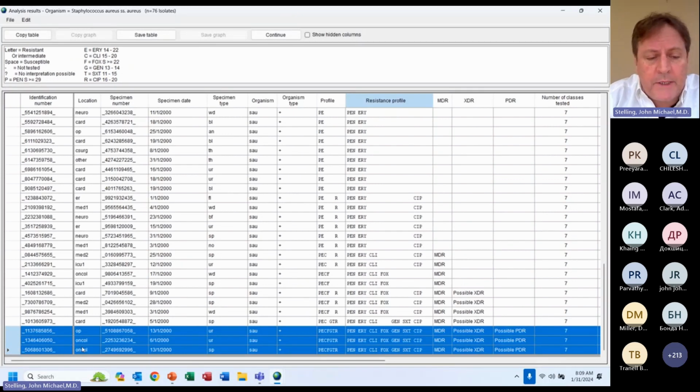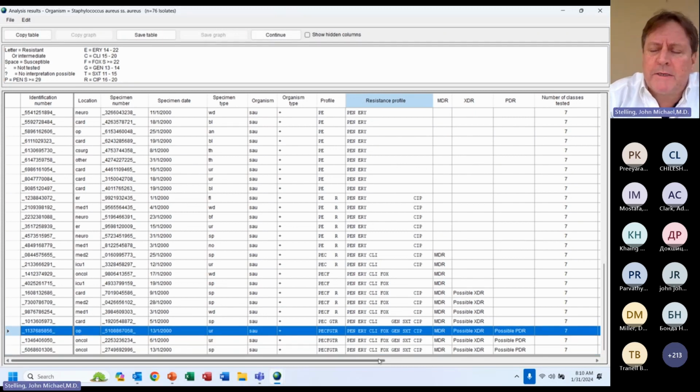have interesting locations. 2 of them were in oncology and 1 of them was in the outpatient area. So it is not a surprise that we have multi-drug resistant MRSA in the oncology unit. It's a little unexpected to have those same MRSA in an outpatient, but you have to keep in mind, not all outpatients are healthy people.